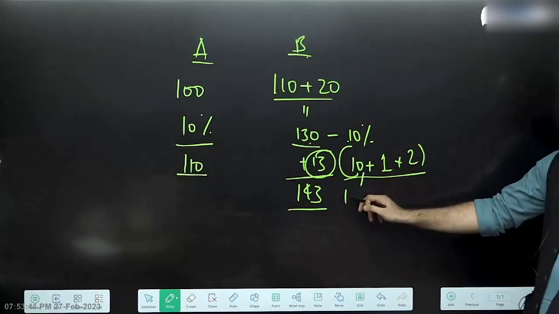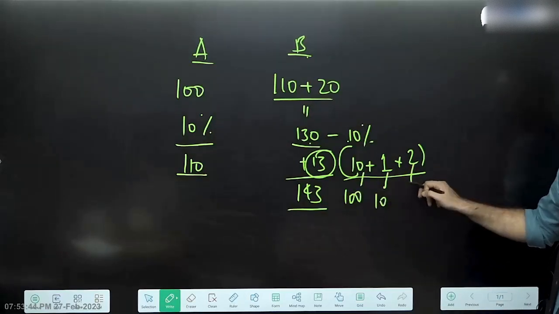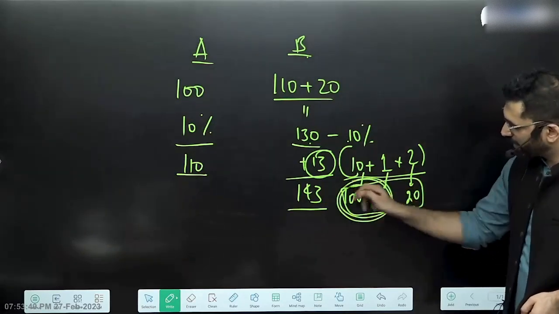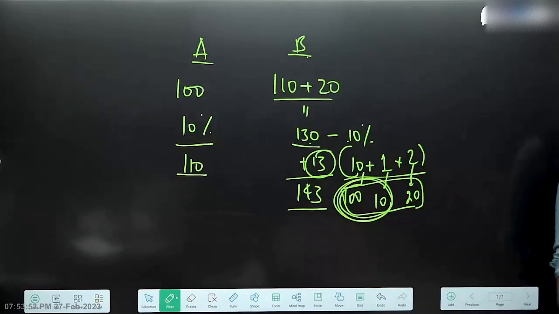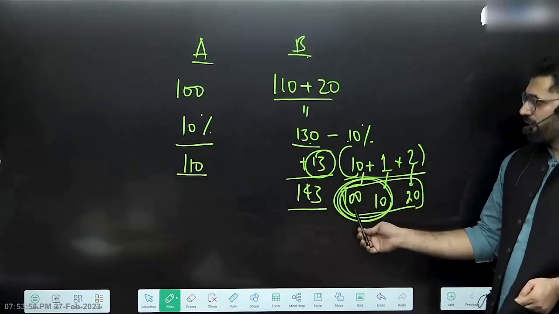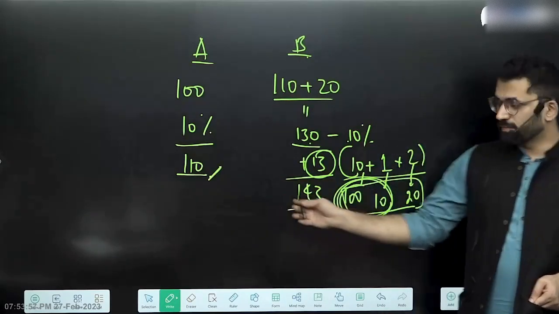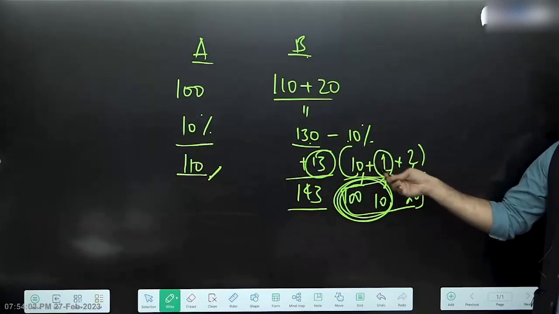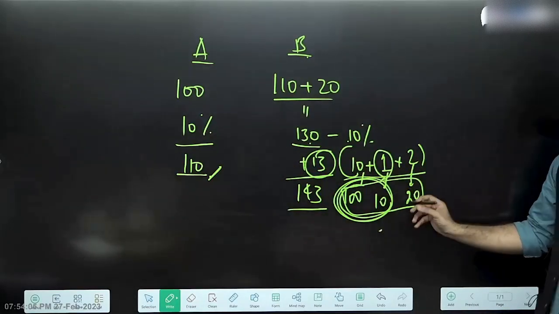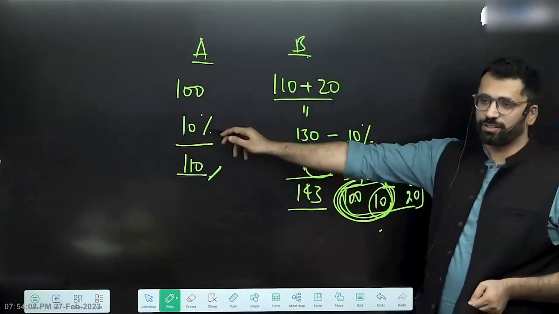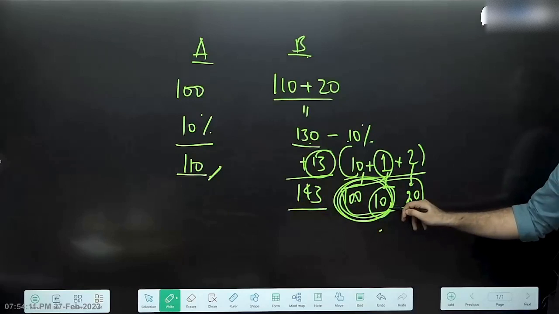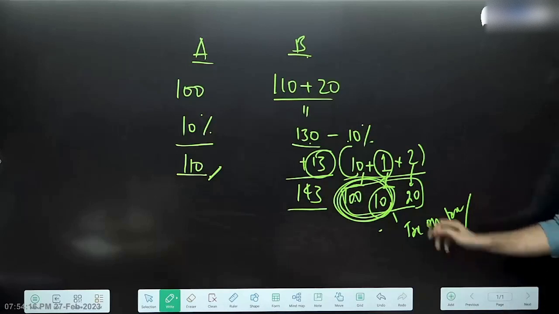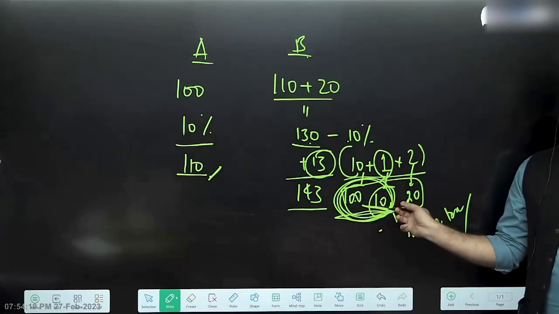This is on the 100, this is on the 10, and this is on the value add. This is the cascading effect, tax on tax. This 100 has already been paid here. So 10% was levied on 100, and that 10 has already been paid. So 1 rupee is extra tax on tax, because this 10 was already paid. As 100 pays 10 rupees, the tax has already been paid. So on this 10 rupees you pay 1 rupee, which is called tax on tax. This is causing a cascading effect of taxes.